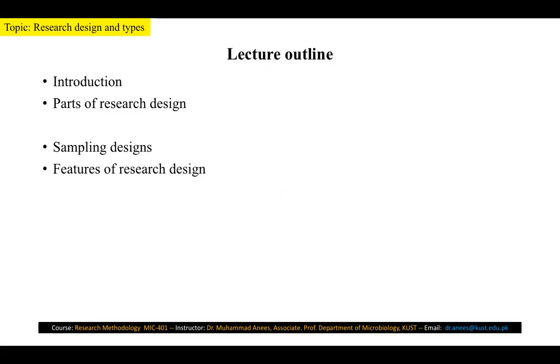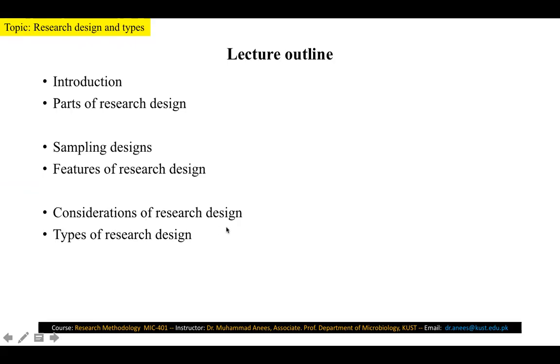Then we will talk about the features of a good research design, the considerations that we should keep in our mind while preparing the research design, the different types of research design, and finally I will summarize the whole lecture.